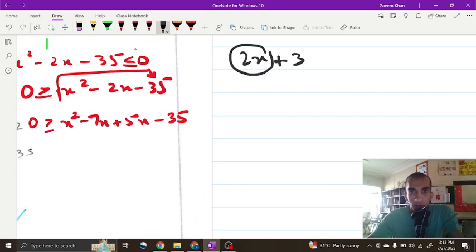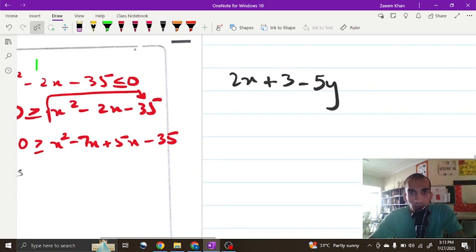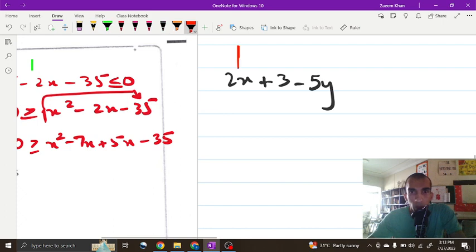So all those numbers and variables are differentiated by an addition sign or a negative sign. Okay. So if I were to add another negative sign and write minus 5y, how many terms do we have now? 3. 1, 2, 3.